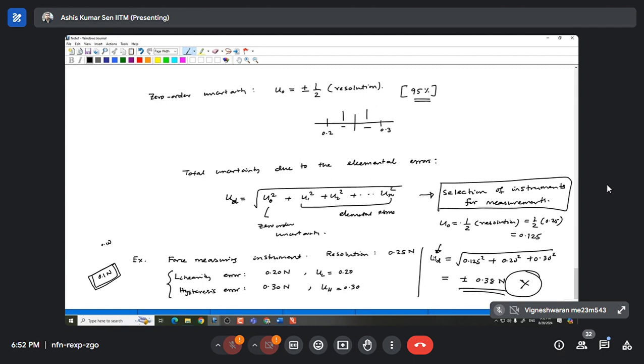The question is how the individual uncertainties in each of these primary quantities are going to affect the uncertainty in the derived quantity that you want to estimate from these measurements. That is called propagation of uncertainty.